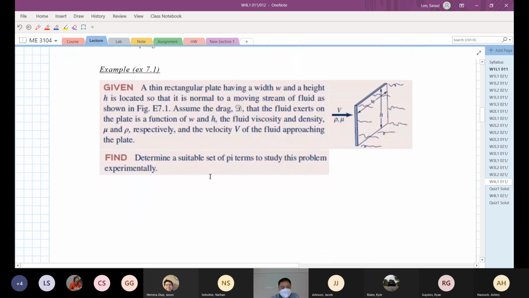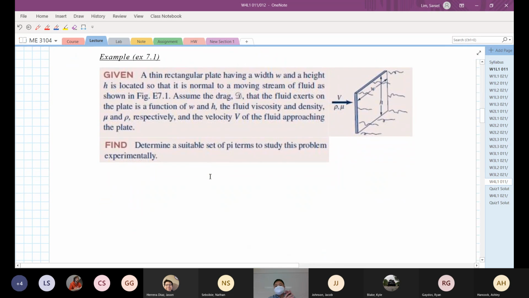All right, let's take a look at one of the example problems in the textbook. We have a thin rectangular plate having width and height. Everything describes the phenomena of the flow across the plate.